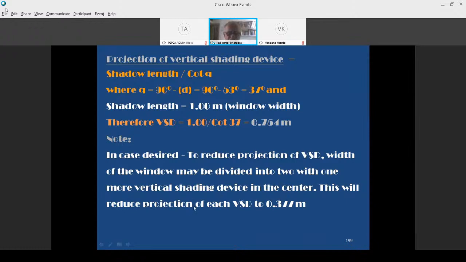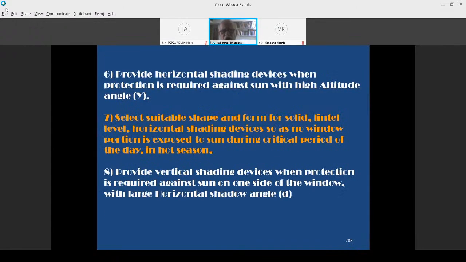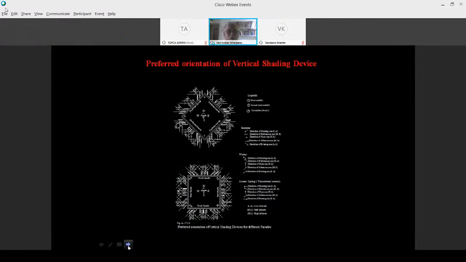This will reduce the projection of each vertical shading device to 0.337. And friend, this shows how to decide the direction and orientation of the louvers. It is very easy.